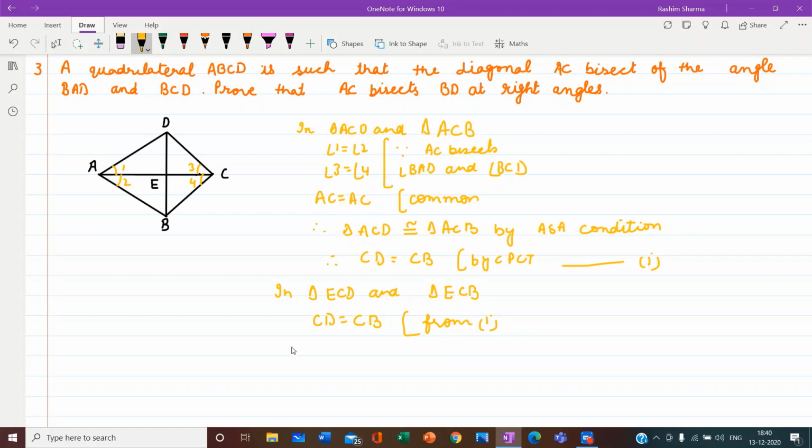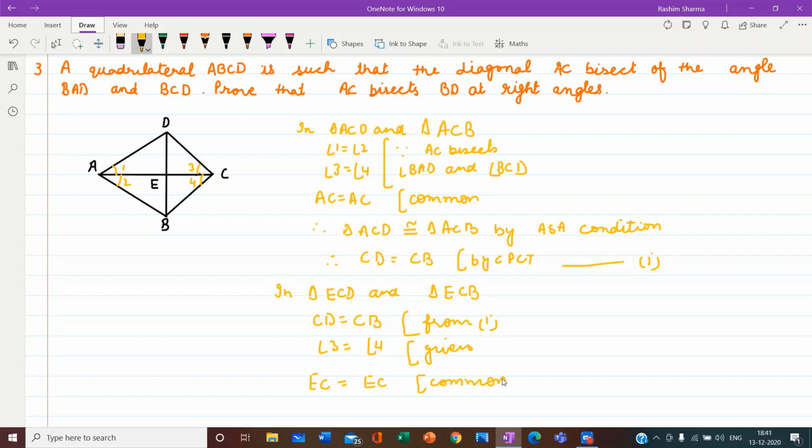Then angle 3 is equal to angle 4. This is given because AC is the bisector of angle BCD. Alright. Then third is EC. This is the common side. EC is equal to EC.